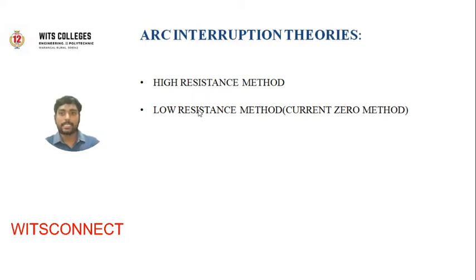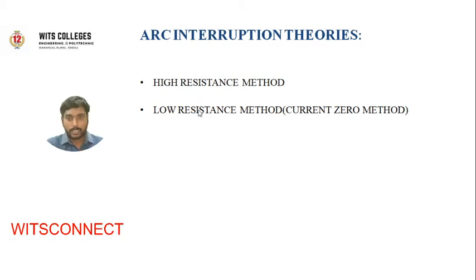Here the high resistance method is used only for low power and medium power applications and DC power circuit breakers. ఎందుకంటే high power యూజ్ చేసాం అనుకోండి, high voltage అనేది జనరేట్ అవుతాయి. In that case, the high resistance method is preferred only for the low and medium circuit breakers.